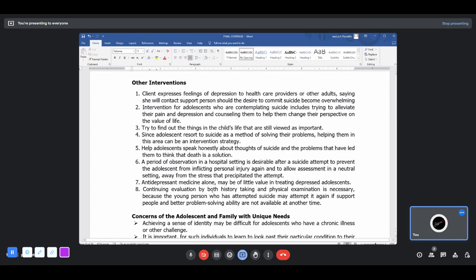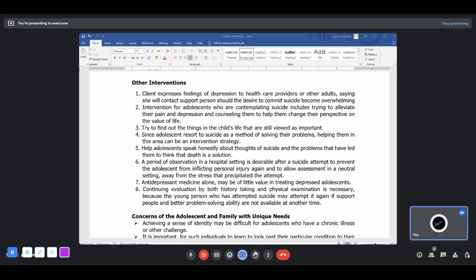Okay, client expresses feelings of depression to healthcare providers or the adults. Okay, saying she will contact a support person should the desire to commit suicide become overwhelming. Intervention for adolescents who are contemplating suicide includes trying to alleviate their pain and depression and counseling them to help them change their perspective on the value of life.